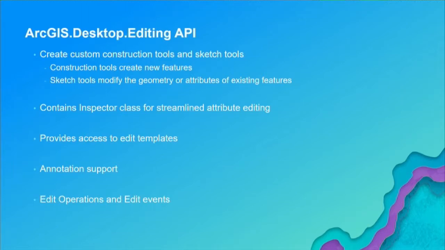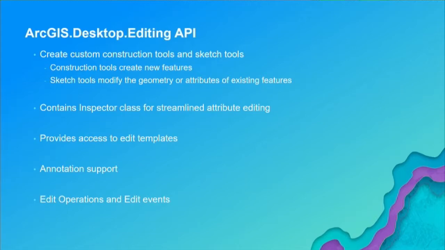Furthermore, we have convenience classes in this namespace. Primarily, we're going to take a look at the inspector class that has some very nice convenience methods that allow us to streamline attribute editing. We'll talk about accessing and modifying edit templates, and then finish off this presentation with annotation support.